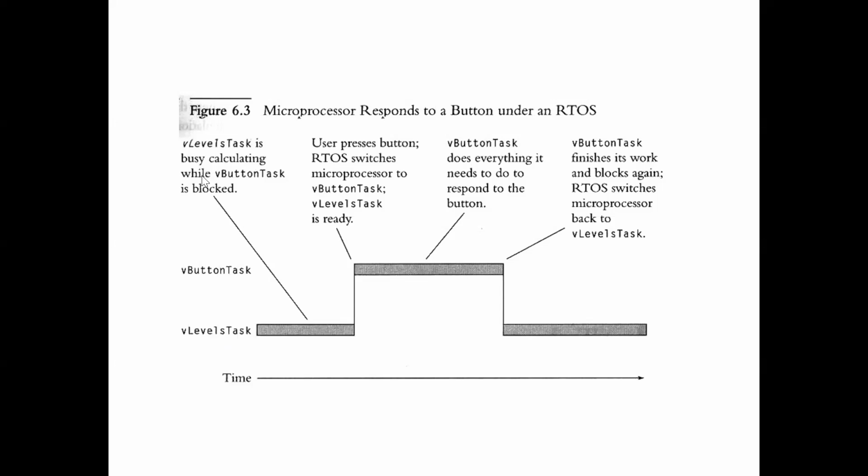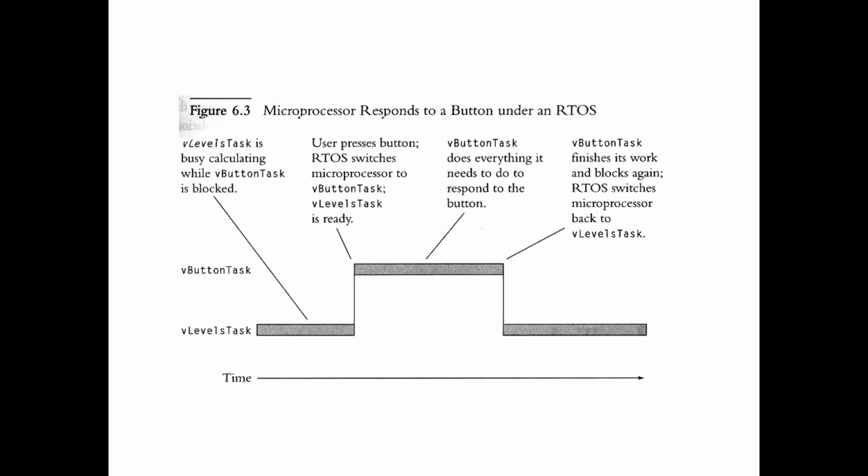Now what is the status of the button task? Whether your button task is in running state, blocked state or ready to run state. Ready to run. But what is the definition of ready to run state? That is, the task is ready to run, but the CPU is not available.